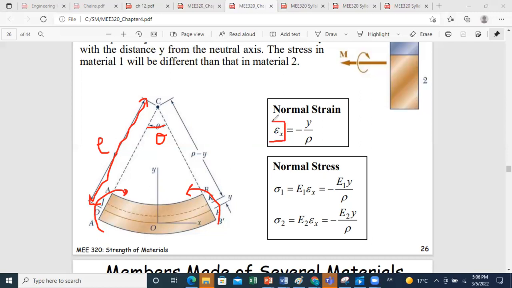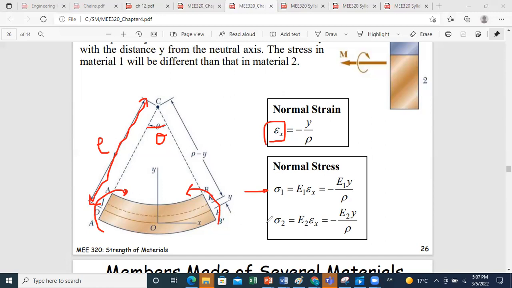So the normal strain will still vary linearly with y for the whole section along y, and the slope will not vary; the slope of the strain is 1 over rho. However, when you calculate the normal stress in material 1, the normal stress is the modulus of elasticity of material 1 times epsilon x, which is minus E1 y over rho.